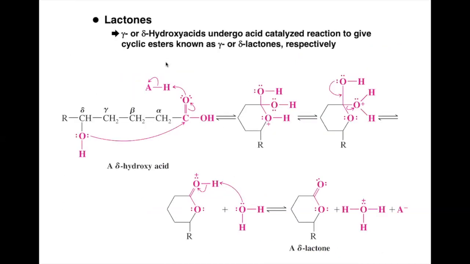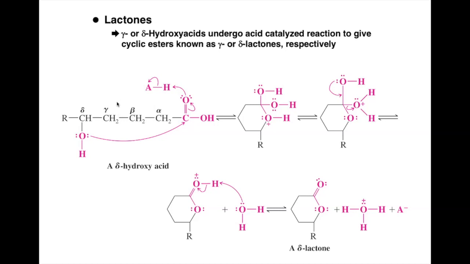Okay, you can also form lactones. No? So paano yon? So this is an acid catalyzed reaction forming cyclic esters. Okay? So you start off with a gamma or delta hydroxy acid.